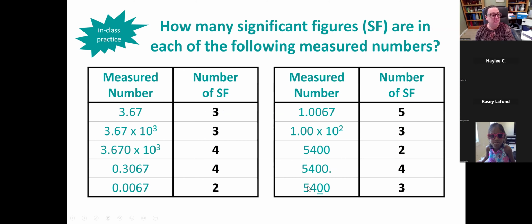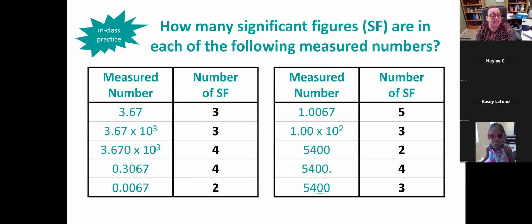So you should be seeing the screen filled with our chart of numbers and measurements that we were identifying how many significant figures were in each of those numbers. So to recap real quick, the rules are: any digit in a measurement that is not a zero is a significant figure.